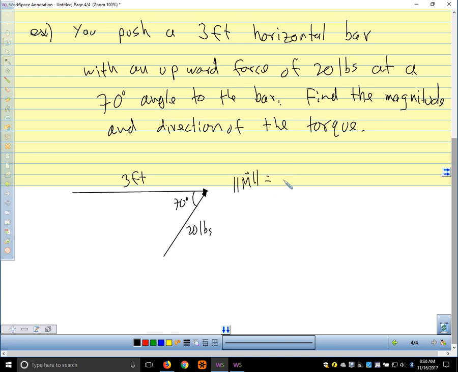All right, the magnitude of our torque is just going to be the magnitude of PQ cross F. And in this situation, that's just the magnitude of PQ times the magnitude of F times the sine of the angle between them. I get that is about 56.4 foot-pounds.